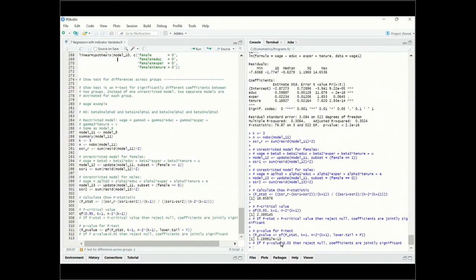So the difference again is that the F test that we did above estimates a restricted model where all of the coefficients on the interaction terms that have female are put equal to 0, and an unrestricted model.